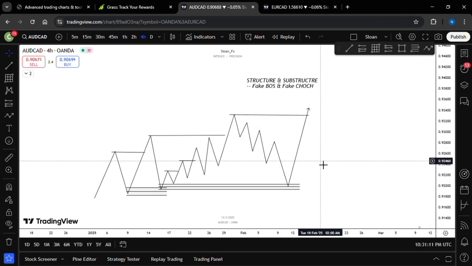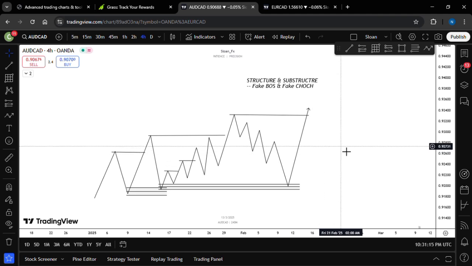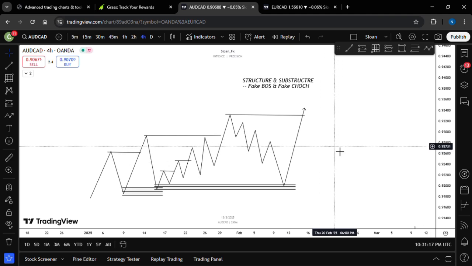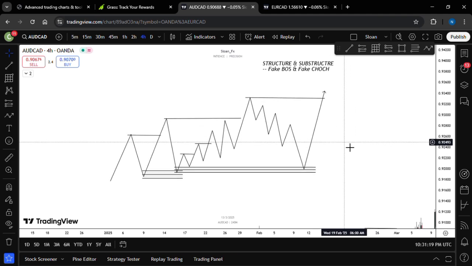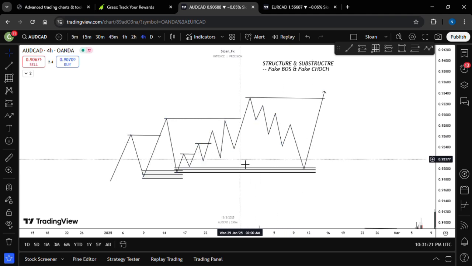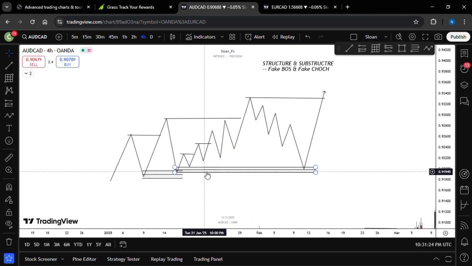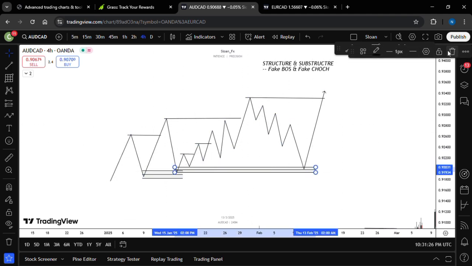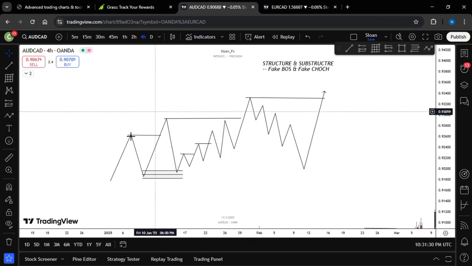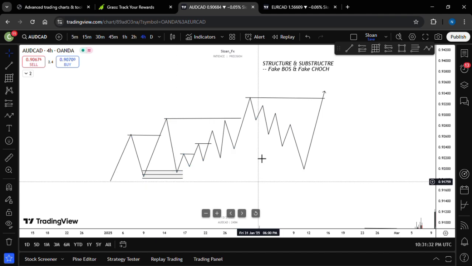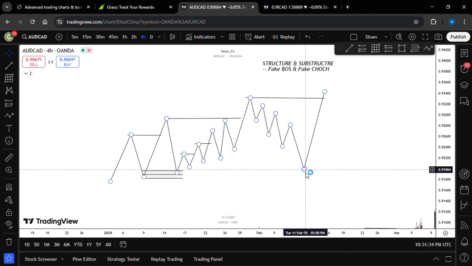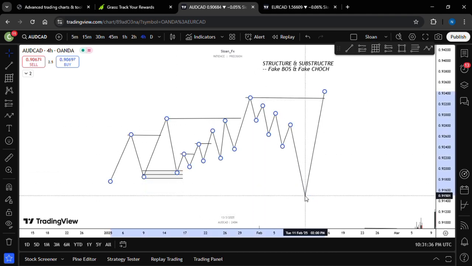When we talked about change of character, we said it's when the market breaks the previous low of the market. This was the previous low that caused the break of structure. When the market breaks below it, then we can say yes, that is our valid change of character.